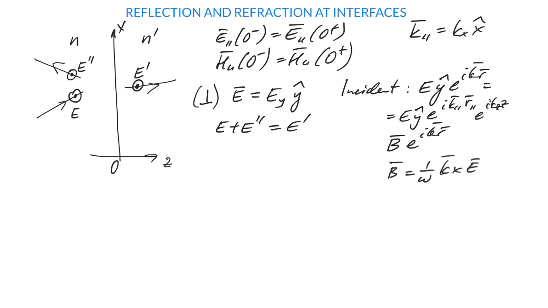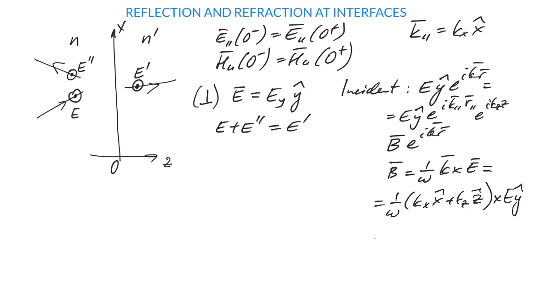Now, we can work this out and insert the components of k that are non-zero. So this is kx and kz. There's no ky, thanks to our choice of the reference frame. The electric field is E times y.